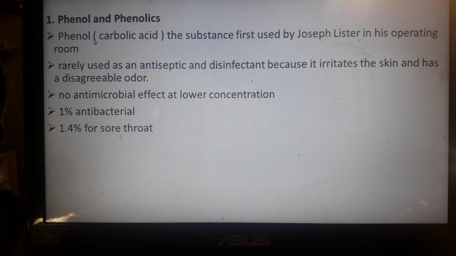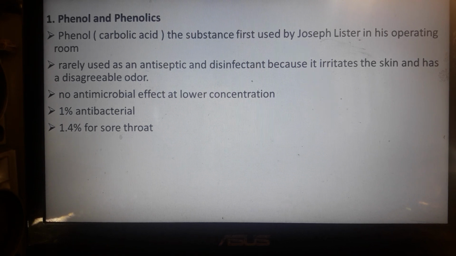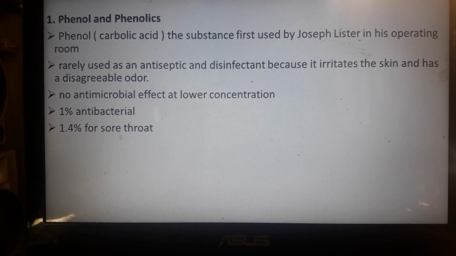When we say phenol, it is known to be the carbolic acid or benzenol, the substance first used by Joseph Lister in his operating room because he was involved in the surgery process of his patients. It is rarely used as antiseptic and disinfectant because it irritates the skin and has a disagreeable odor.